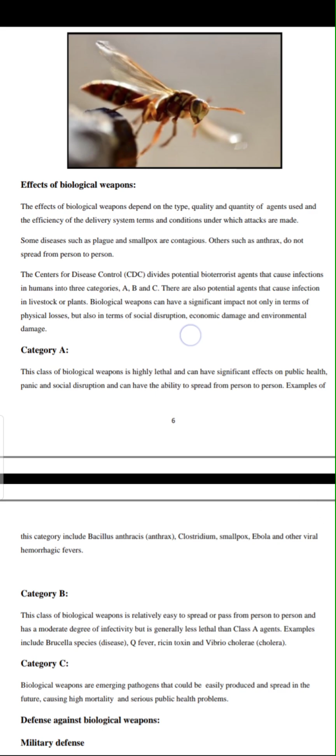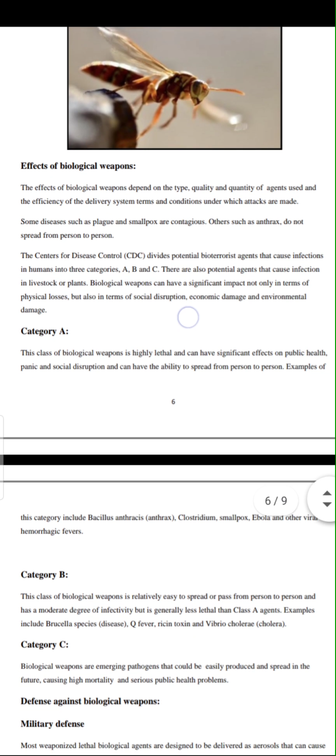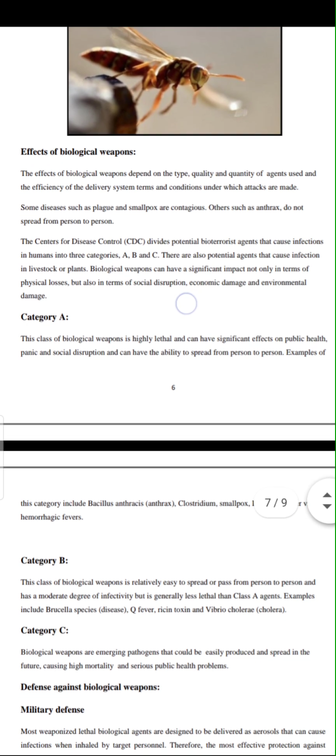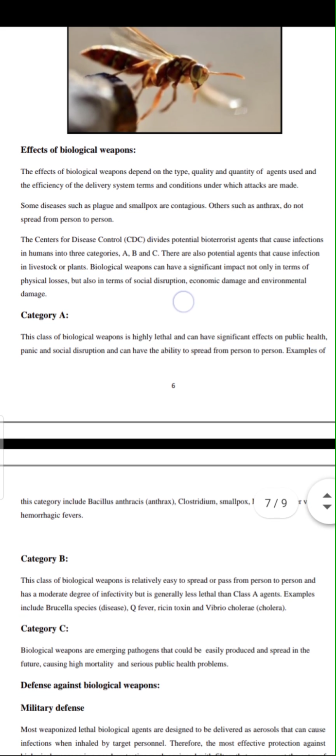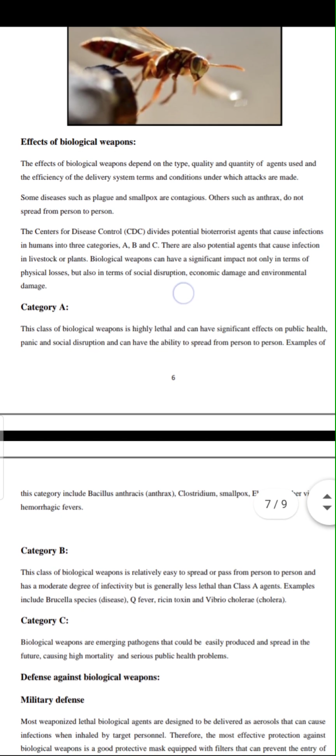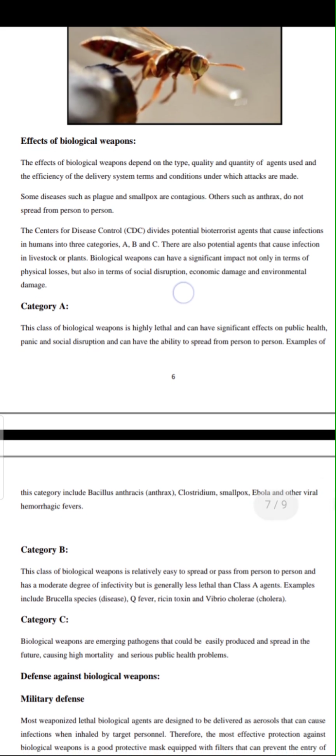Some diseases caused by biological weapons, such as plague and smallpox, are contagious, while others, such as anthrax, do not spread from person to person. Some are communicable diseases, and some are non-communicable, such as anthrax.